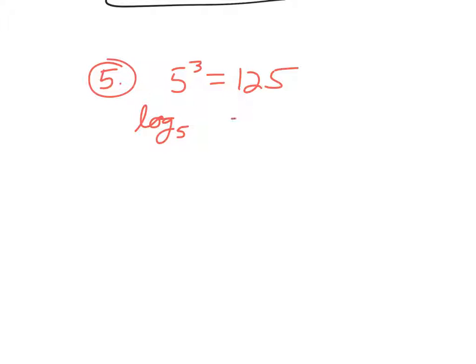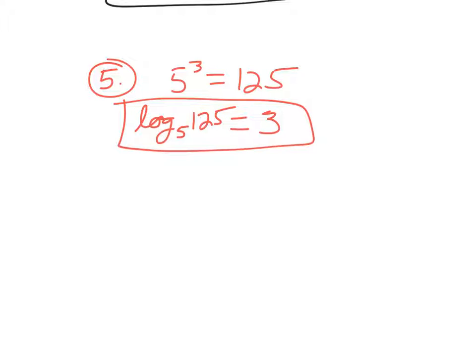And a logarithm is always equal to an exponent. So the 3 goes over here. And that means the 125 has to go here. That would write the log of 125, base 5 is equal to 3. The problem following that is the same kind of problem, it just reverses it. Gives you the logarithm and asks you to write it with an exponent.